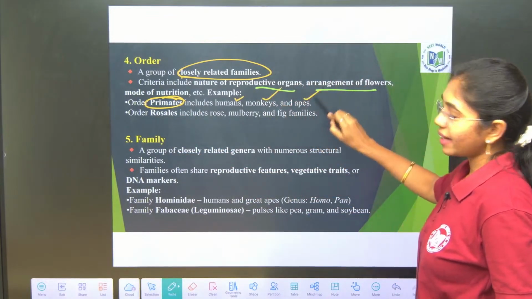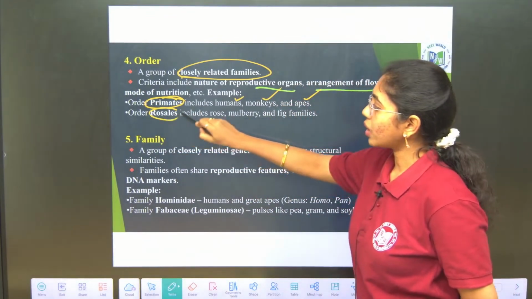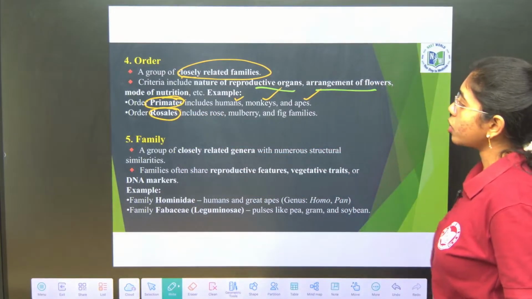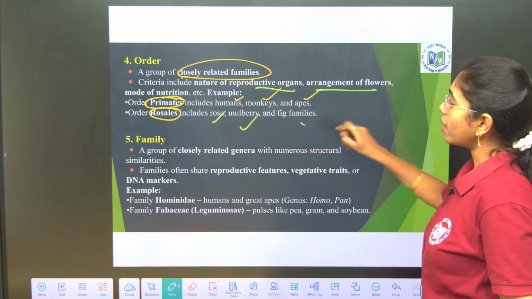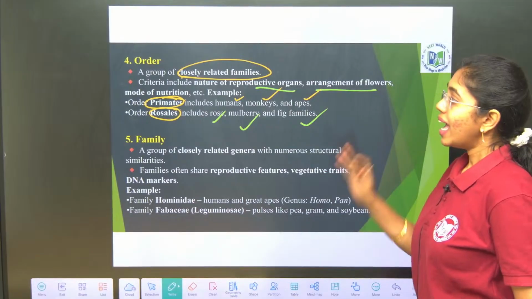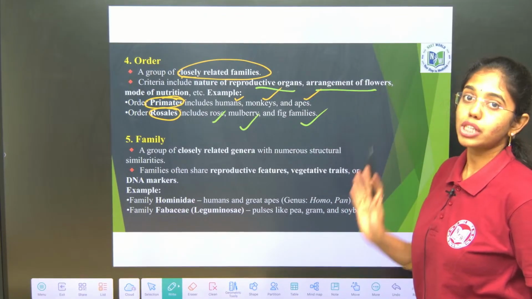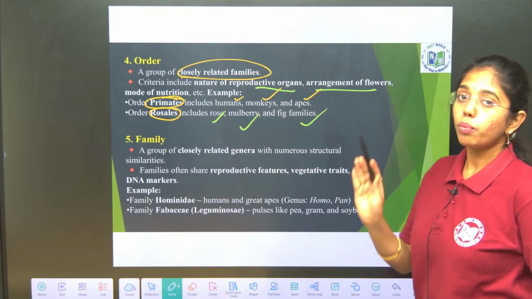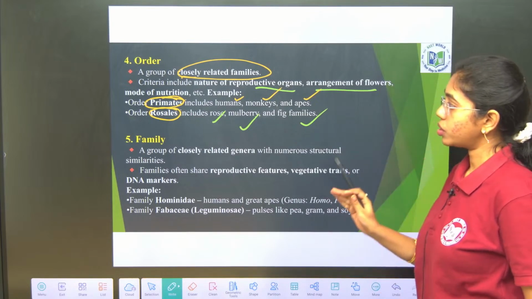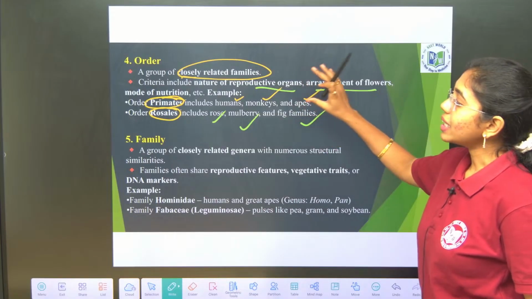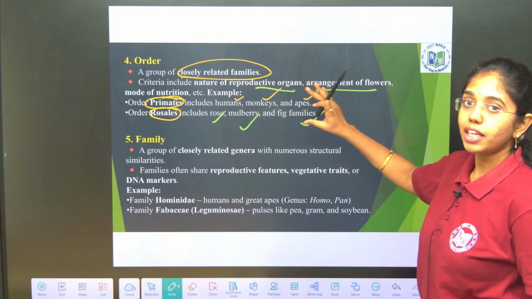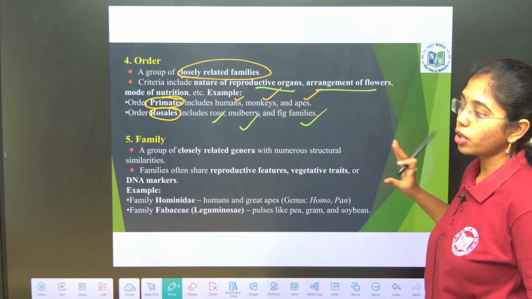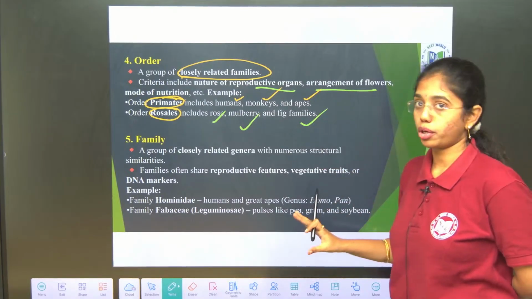Humans, monkeys and apes. If you consider the plant kingdom, order Rosales includes rose, mulberry and fig families. Examples under each taxonomic category or rank are very important both for animals and plants. And what are the similar characteristics that are being shared are also important, beta. Make a note of it. You can also take a screenshot of this.